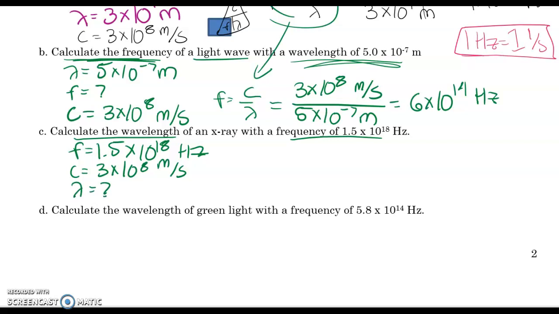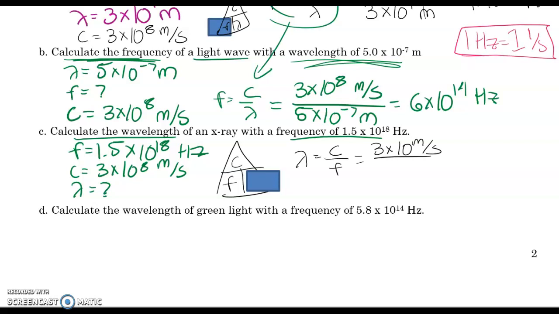Going back to our triangle, we now cover up lambda instead of frequency, and we can see that our equation is lambda equals c divided by f. Substituting, 3 times 10 to the 8th meters per second divided by 1.5 times 10 to the 18 hertz gives a wavelength of 2 times 10 to the minus 10 meters.